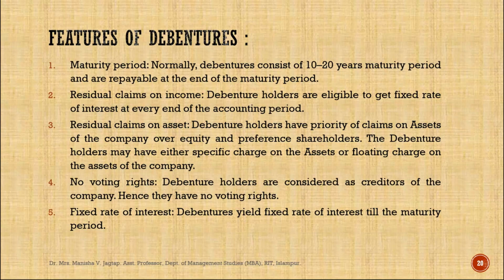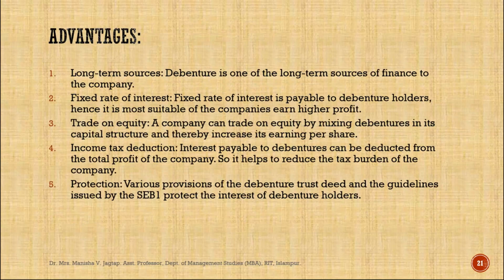Now, the next is advantages. First is long-term source. Debenture is one of the long-term sources of finance to the company. Generally, the maturity period is longer than other sources of finance.